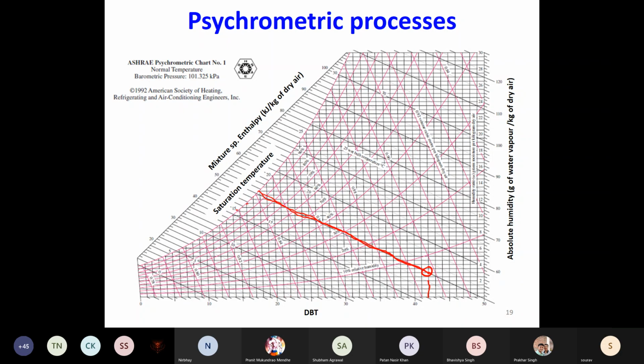So instead of attaining 18, you are only attaining 23. So this is your process line. So this is WBT, this is your DBT, this is the incoming state 1, this is the exiting state 2.